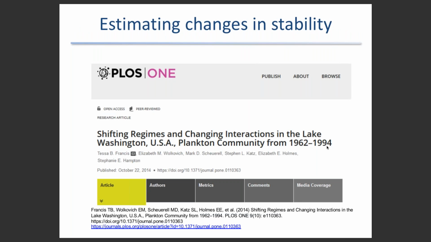So I'll finish off with one more example. The study came out of a group that we work with. This was led by Tessa, and looking at the Lake Washington plankton community. This is another example of looking at a time-varying B matrix, taking a different strategy, though.